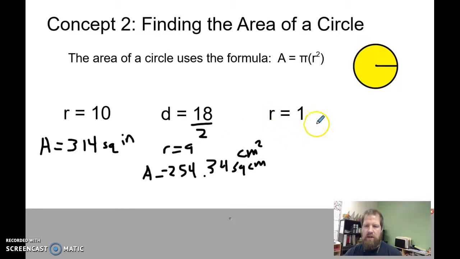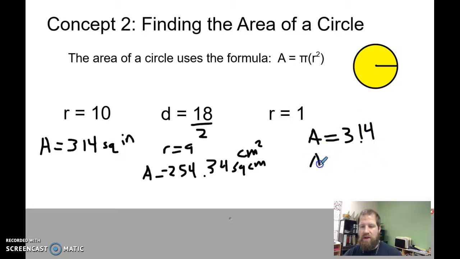And then the last one, this one we can probably be able to do in our heads. So 1 squared, so 1 times 1 is going to be 1, and 1 times 3.14 is going to be 3.14. So the area of a circle with radius of 1 is going to equal 3.14.